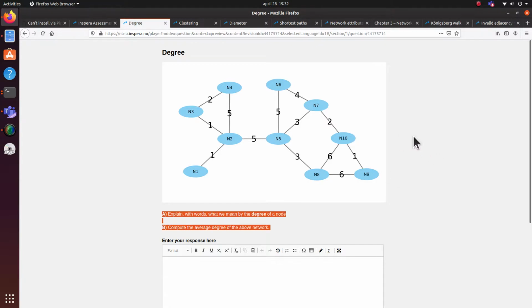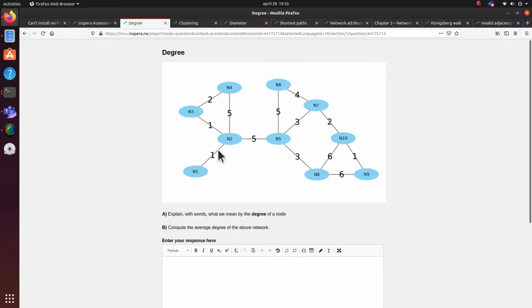That is pretty straightforward. But another thing that we also know is that each edge contributes 1 to the degree of each node on each end of it. So it contributes 1 to the degree of 2 separate nodes, which means that the sum of the degrees in a given network is going to be 2 times the number of edges.